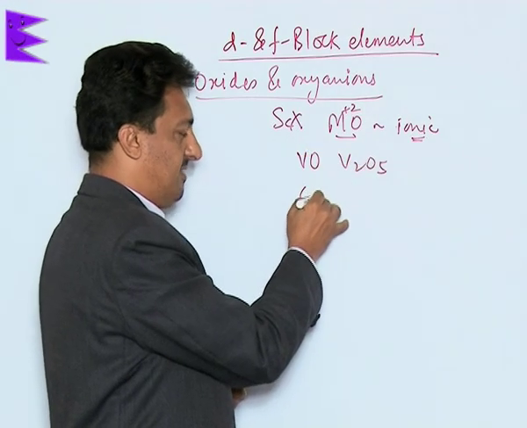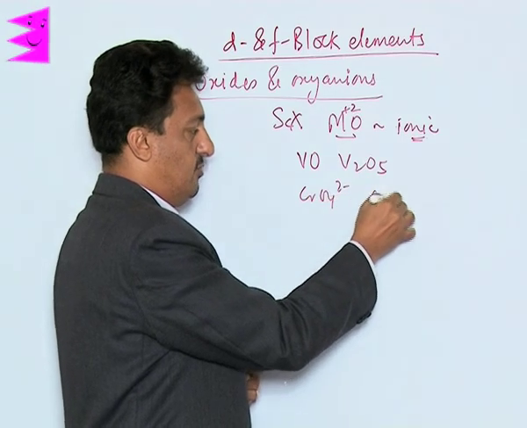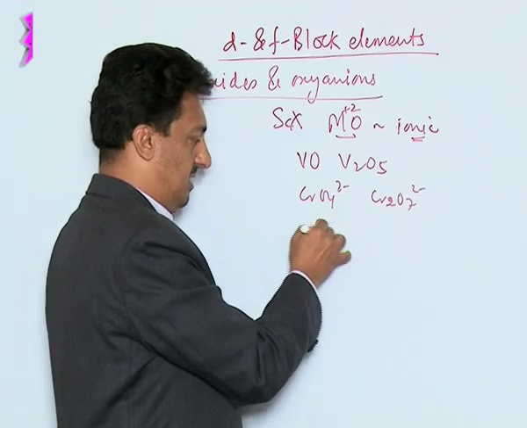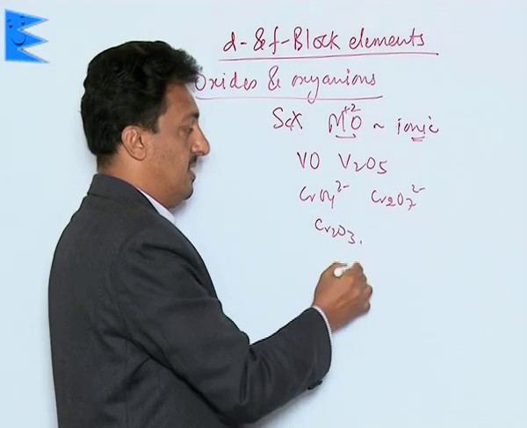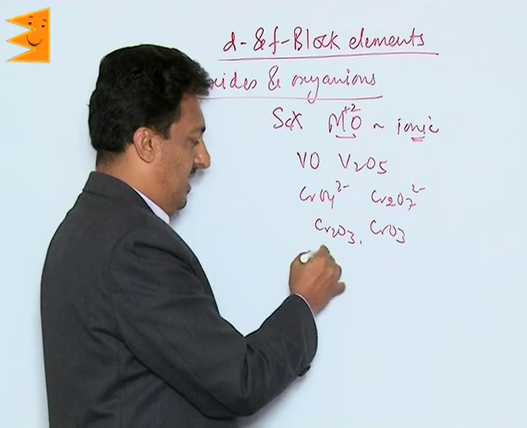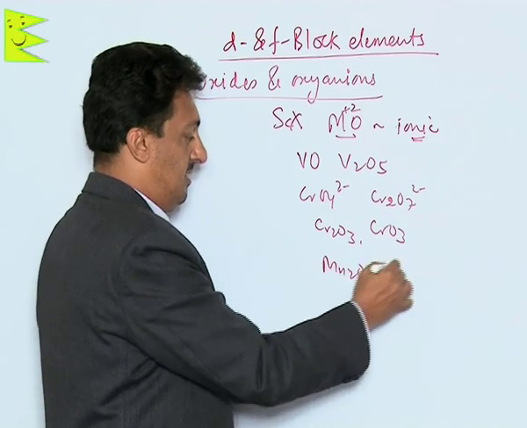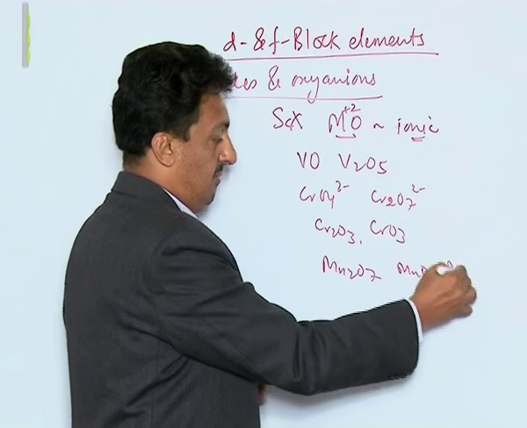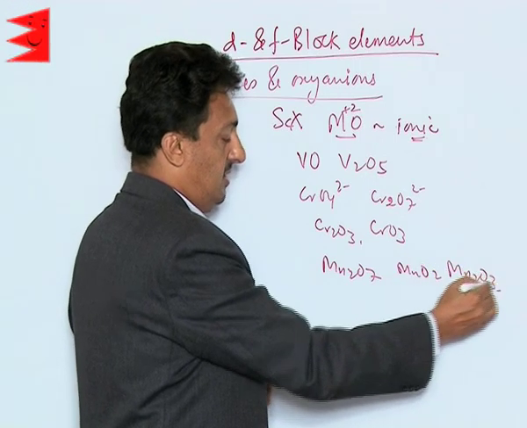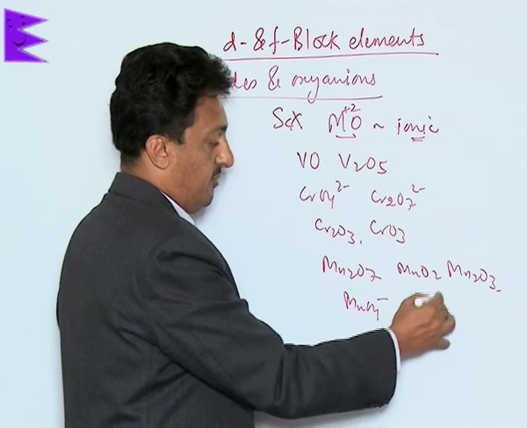Chromium can form CrO4 2-, Cr2O7 2-, Cr2O3, CrO3. Similarly, manganese is able to form Mn2O7, MnO2, Mn2O3, and MnO4-, MnO4 2-.